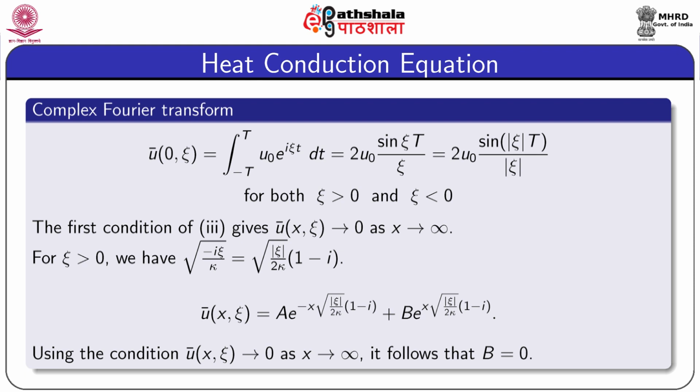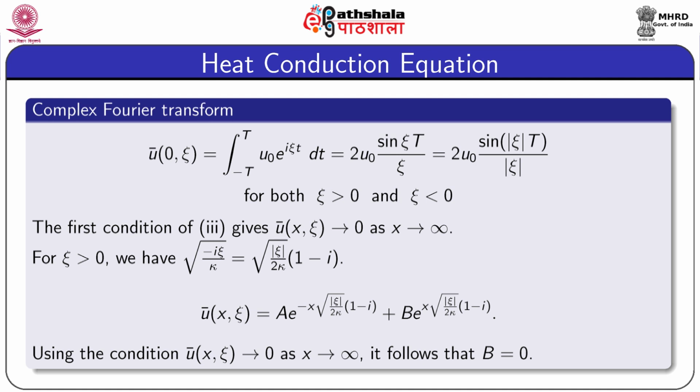So, in that condition, if we apply Fourier transform, we obtain ū(ξ) goes to 0 as x goes to infinity. Now, for ξ greater than 0, we have the square root of (−iξ/κ) is the square root of (|ξ|/2κ) into (1 − i).